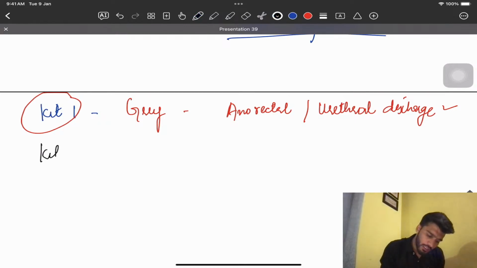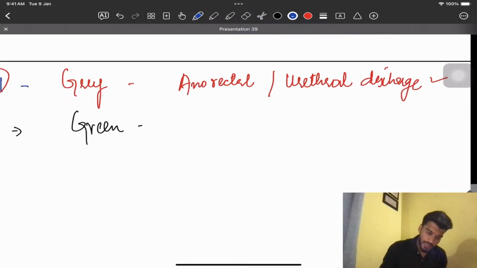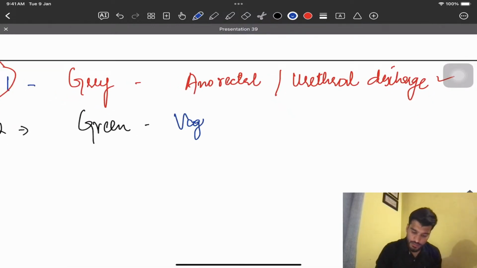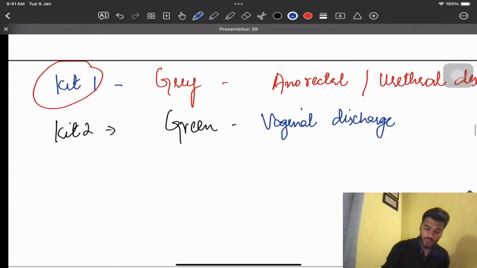If I talk about kit 2, that is green color. Any patient complaining of vaginal discharge, you will go with kit 2, green.